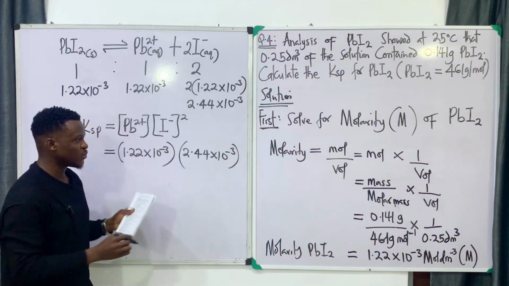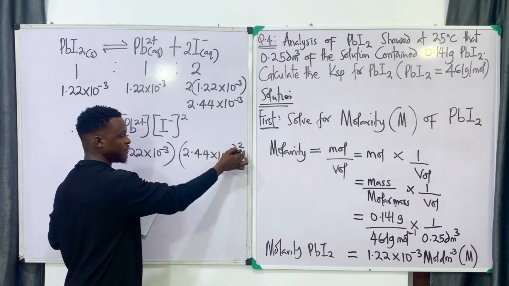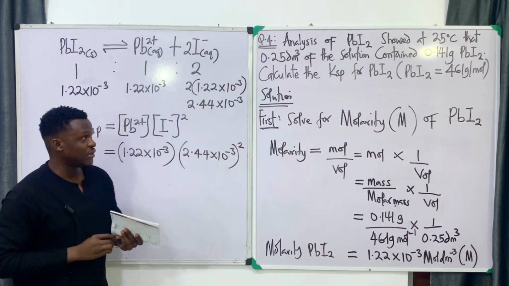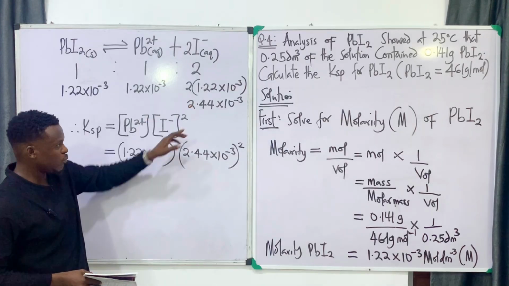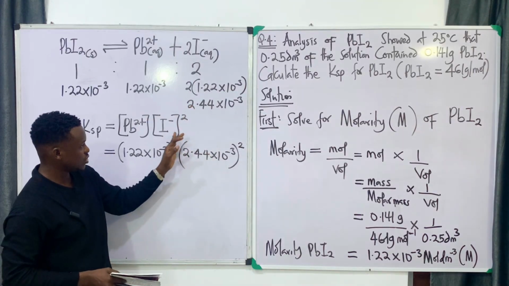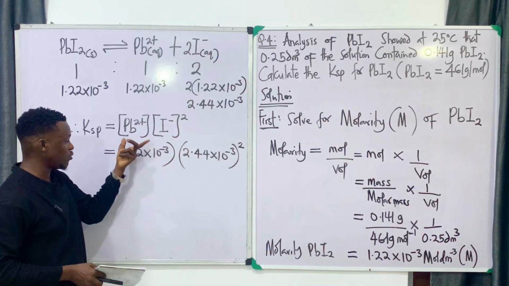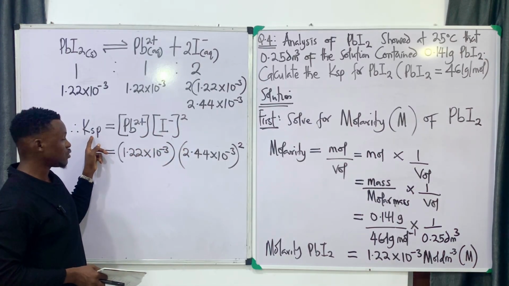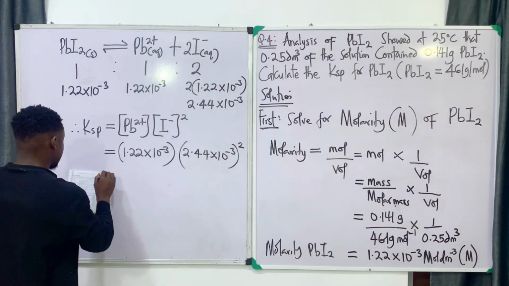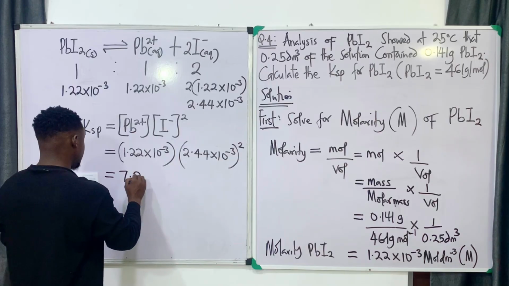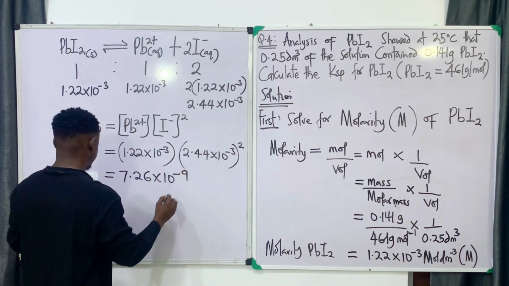Remember, you have to always square it. If here was raised to 2, you have to raise it. Irrespective of the fact that you had earlier multiplied this guy by this coefficient, right? What we just did here was to get the concentration of I. This 2 has no business with this. This 2 is because you wrote the equilibrium solubility product constant of this. So when you carry out this calculation, this becomes 7.26 times 10 raised to the power of 9.